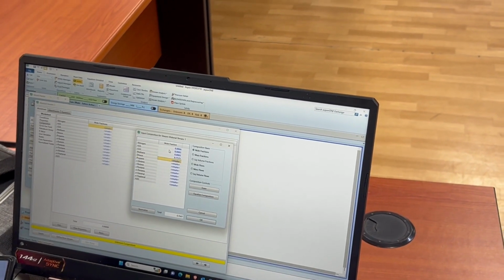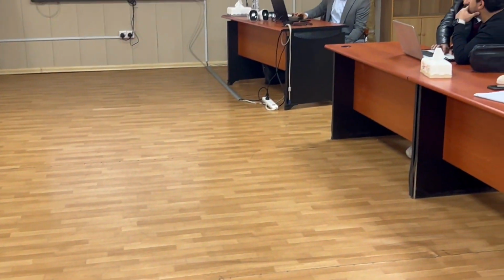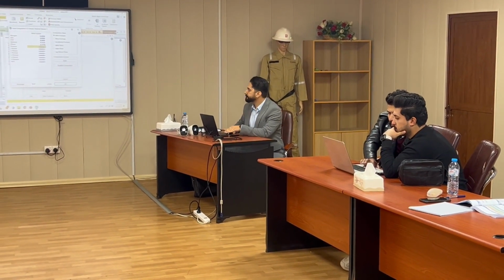And you can choose what composition basis is selected here. Here we are going to choose the mole fraction. You can even insert the composition according to the mass fraction and others.